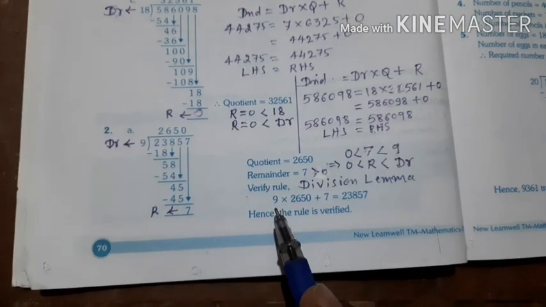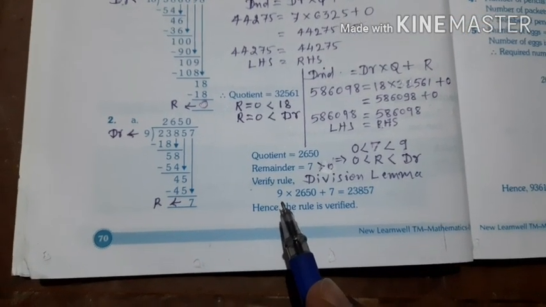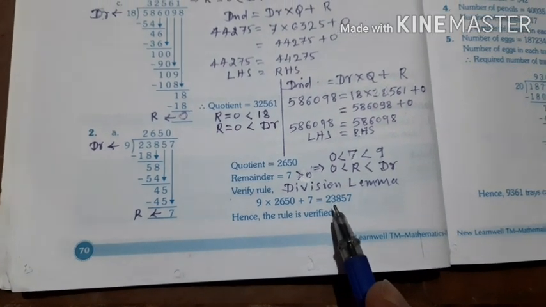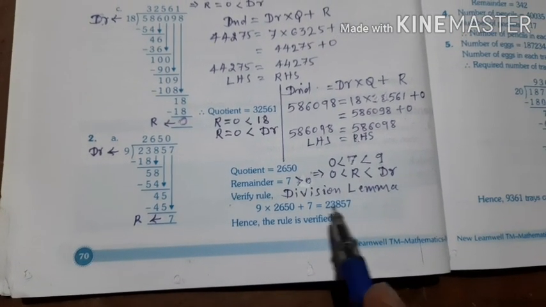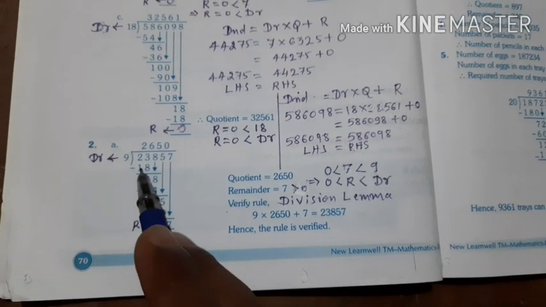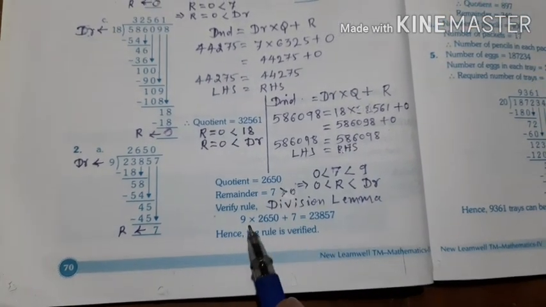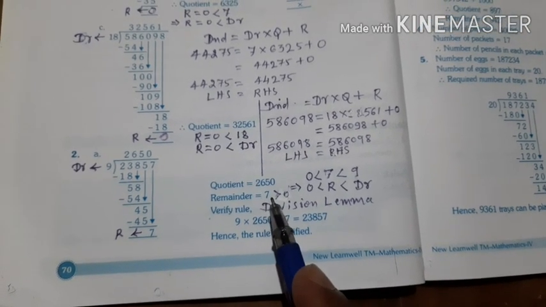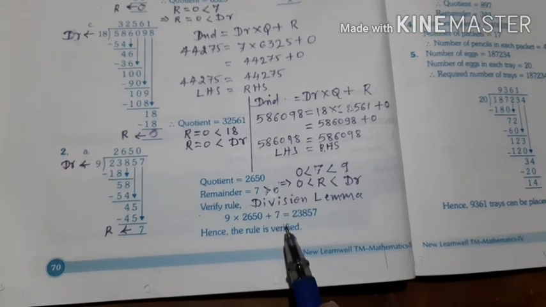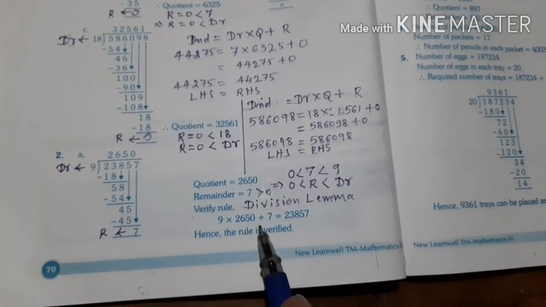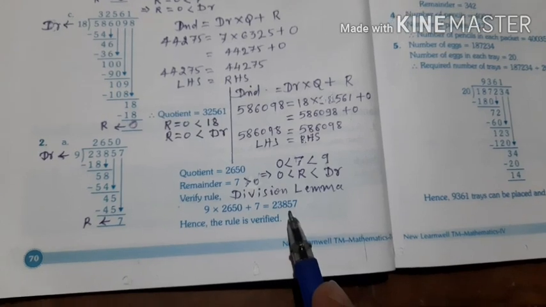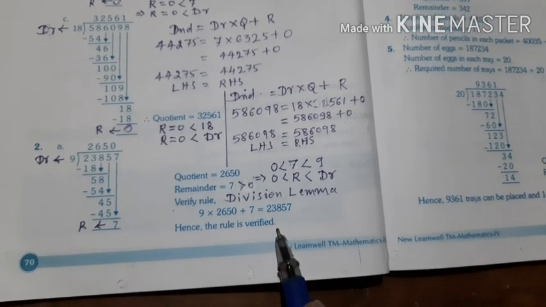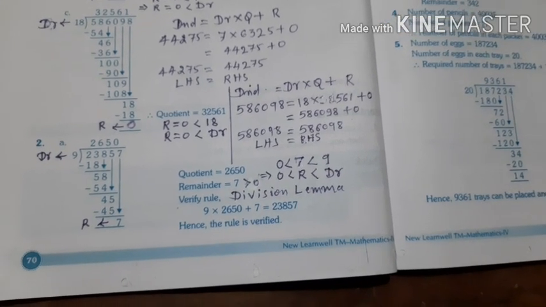So children, here we are verifying by taking 9 into 2,650 plus 7 is equal to 23,857. That is, 9 is the divisor and 2,650 is the quotient plus remainder. Remainder is 7 which is greater than 0. Therefore, the product of these two plus this remainder is equal to dividend. Hence, the division lemma rule is verified and our division is correct.